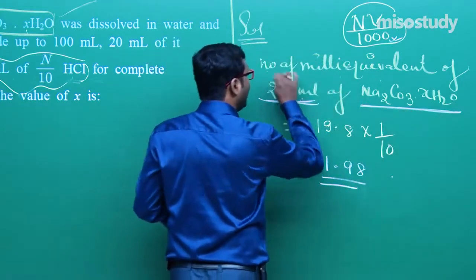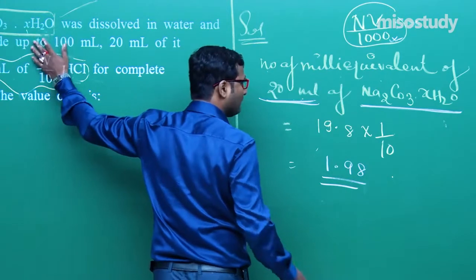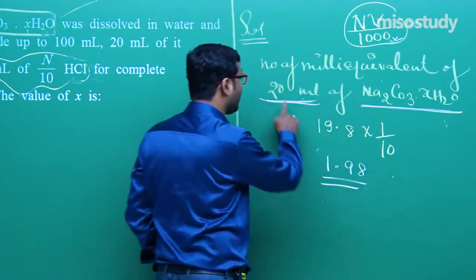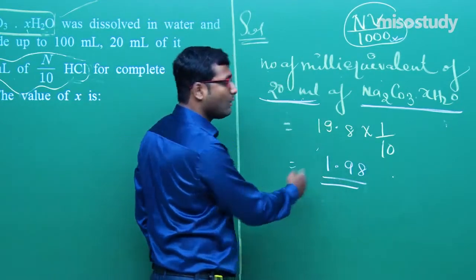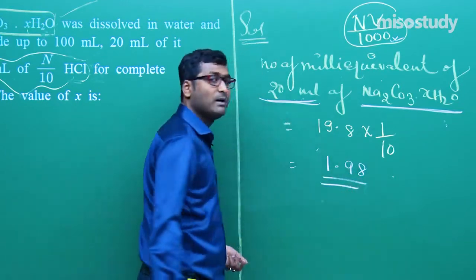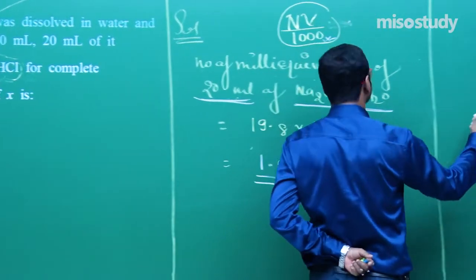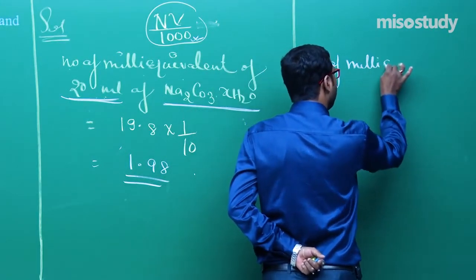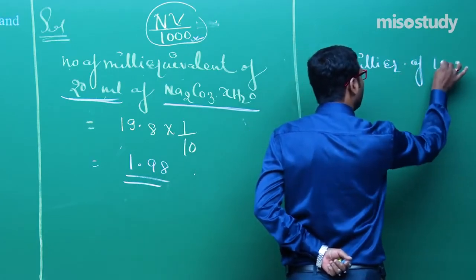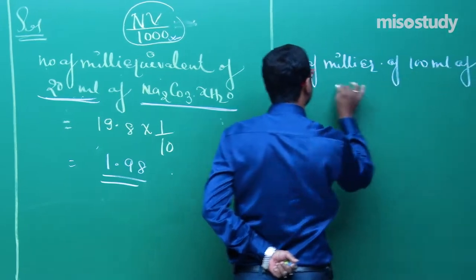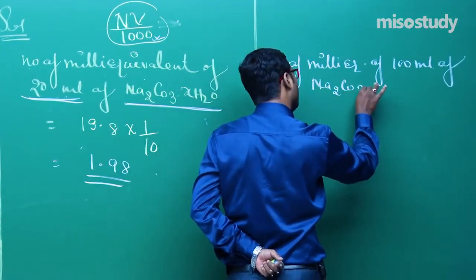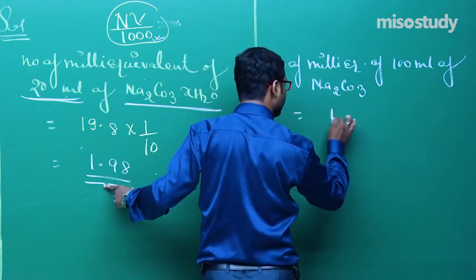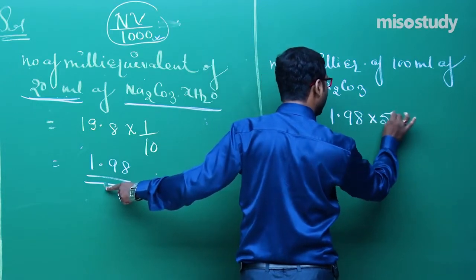Listen to the question carefully. It is 20 ml of Na2CO3, but the question gives 100 ml of Na2CO3. So the number of milli equivalent of 100 ml of Na2CO3: for 20 ml it is 1.98, for 100 ml it is 1.98 multiplied by 5. Now we can say the number of milli equivalent of 100 ml of Na2CO3 is equal to 1.98 multiplied by 5.